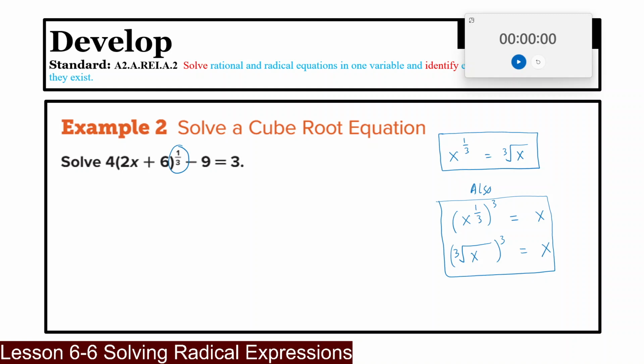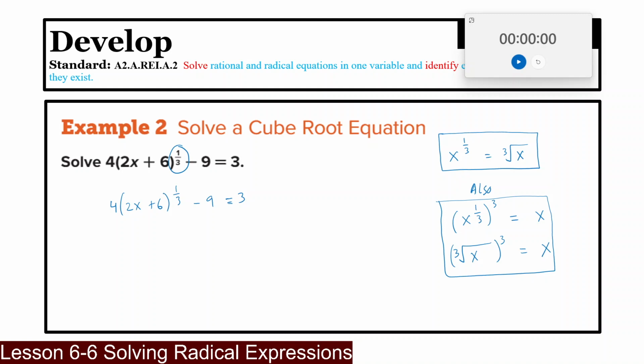Alright, let's do this. So I have 4 times 2x plus 6 raised to 1/3 minus 9 equals 3. Now I can only do this raising by index once I have the radical part by itself.